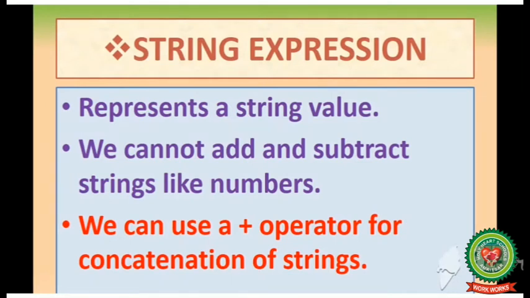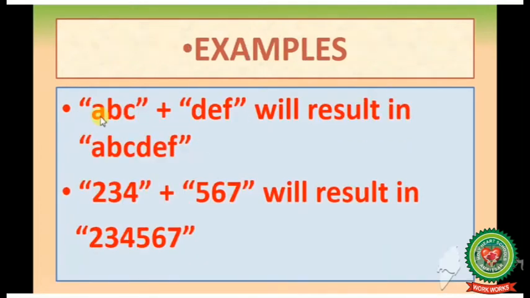Number 3, we can use a plus operator for concatenation of strings, and we will use the plus operator to join the strings together. See some examples of how we create a string expression. A, B, C in double quotes, plus D, E, F will result in A, B, C, D, E, F. So with the help of the plus operator we can join the expressions.